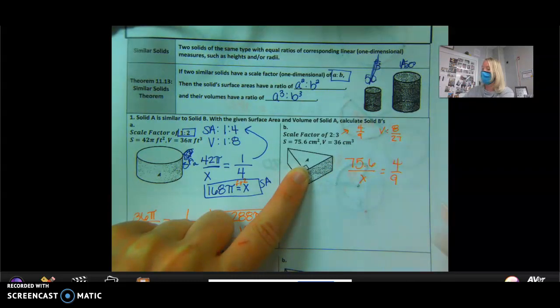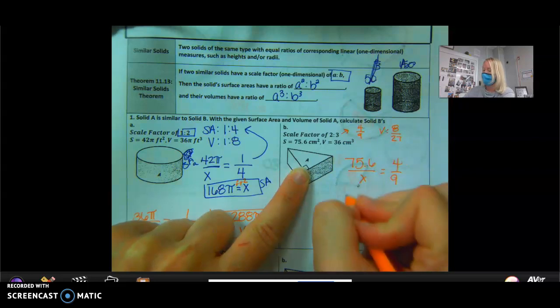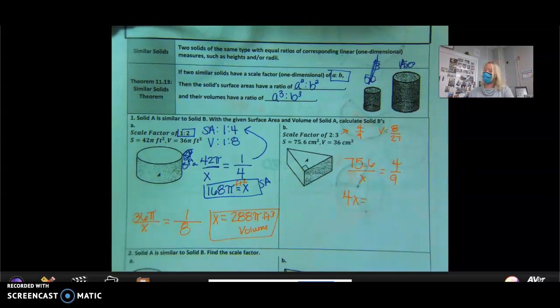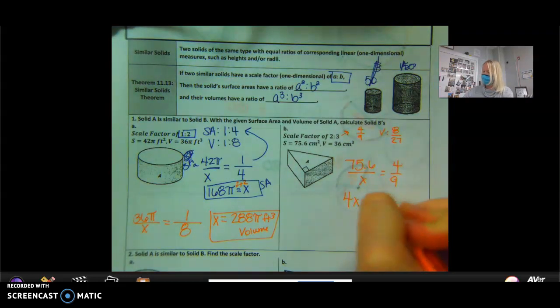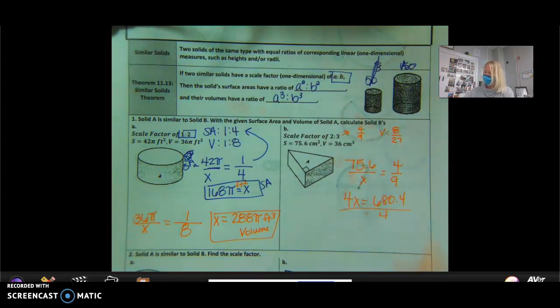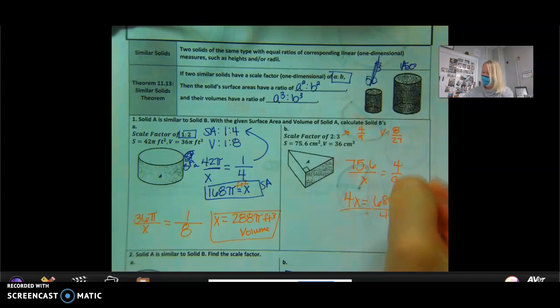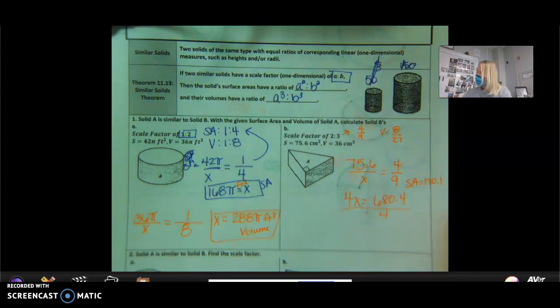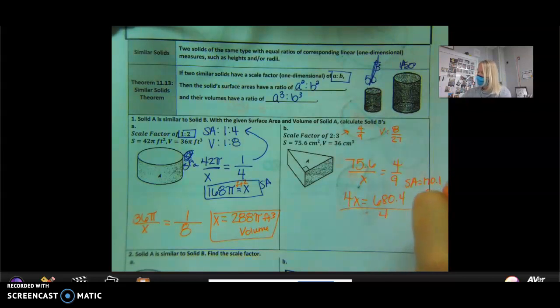There's going to be a little more math here because you actually have to cross multiply and divide this time. So we get 4x equals 680.4, right? Divide by 4. So surface area equals 170.1. Is that what you guys got? And that would be centimeters squared.